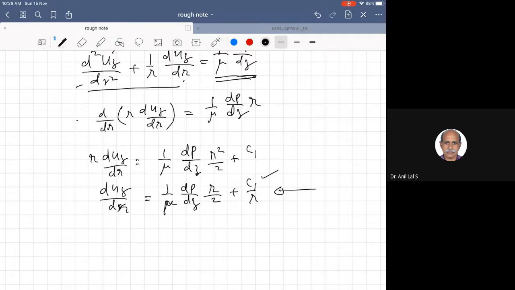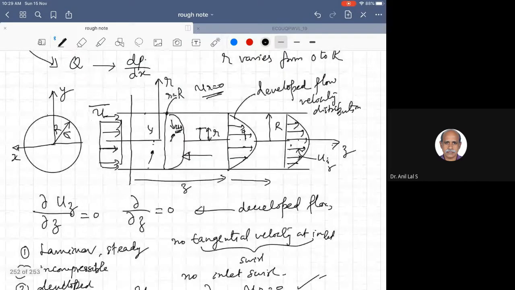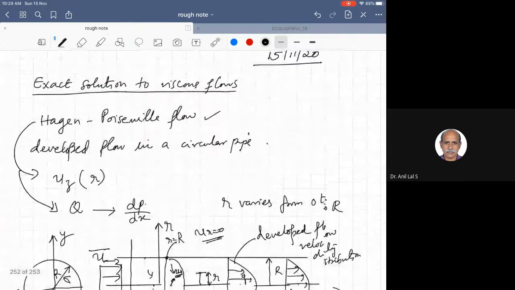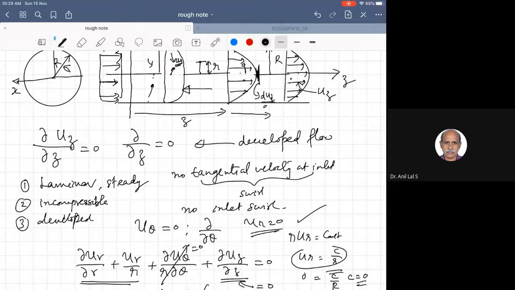So this duz by dr is the gradient of uz with respect to radius, and we know at the center the velocity is maximum, and duz by dr is equal to 0 at the center.